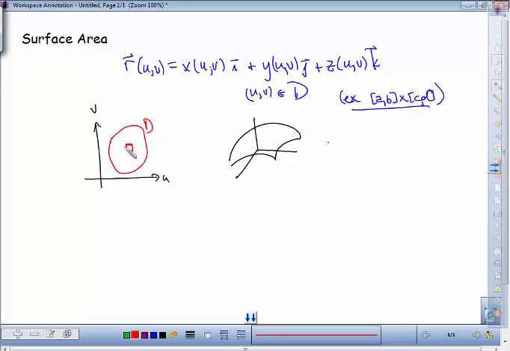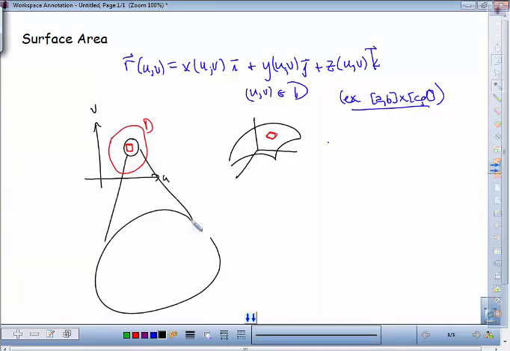So if we look at a particular segment, like a delta u, delta v segment from here, we can define ourselves a vector delta u, and then another vector delta v, and then we have these vectors popping up here as well.